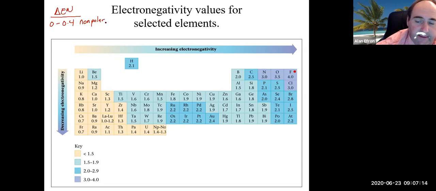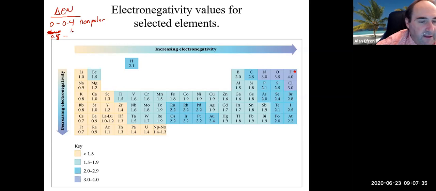And technically speaking, overall, it would be considered to be sharing those electrons equally. If you go above 0.4, which I guess would be 0.5, we'll go 0.5.